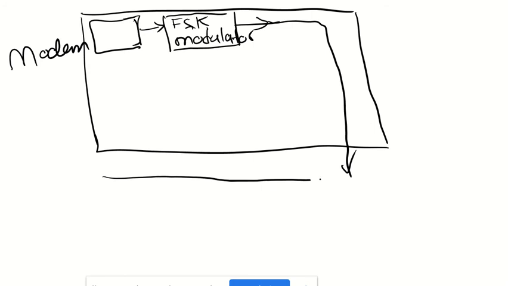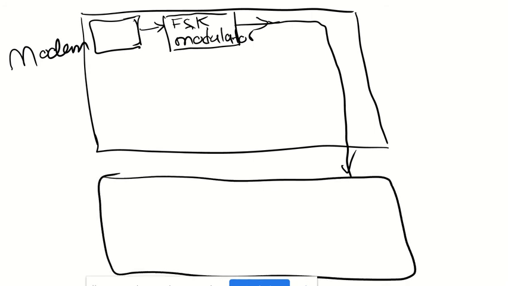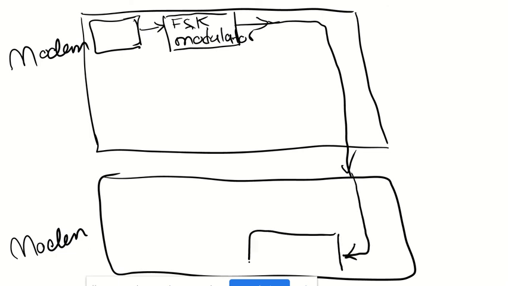And then there is another modem at the receiver, right? This is another modem that receives your signal. Then it will go to a bandpass filter, which, I write the number, then I talk about why.